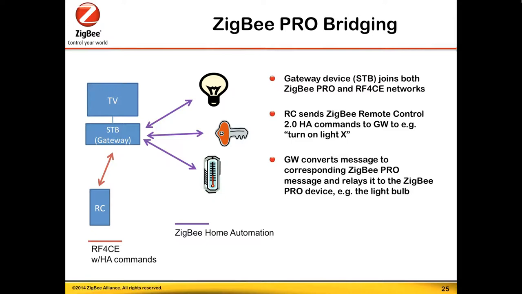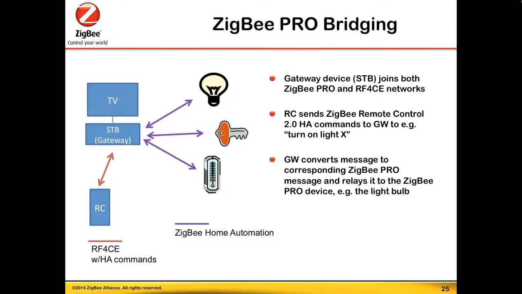And the RF4CE controller sends these messages to the set-top box, and then the set-top box has the intelligence to convert these messages into corresponding ZigBee home automation messages, and then forward it to the right home automation device. So essentially what this means is from your remote control, you can turn on and off your lights in your home or do any other operation that you can actually do within the ZigBee network.